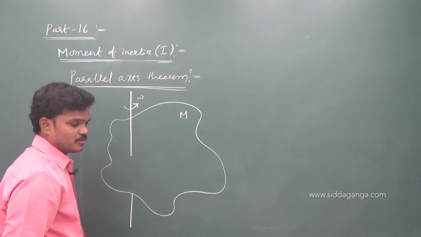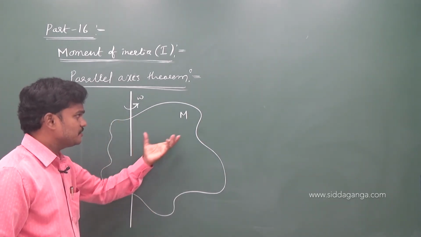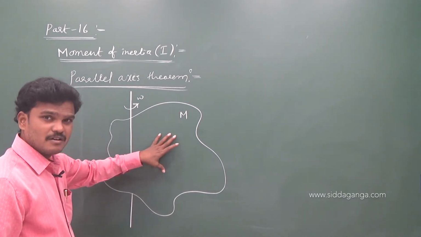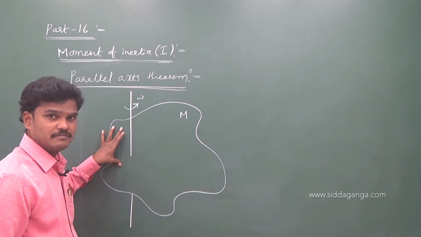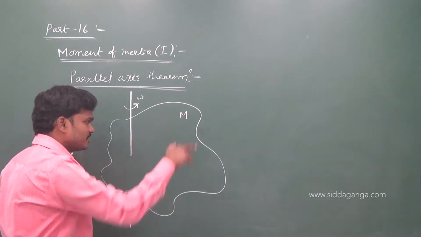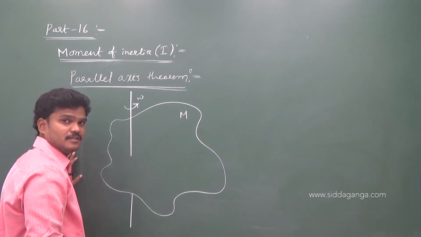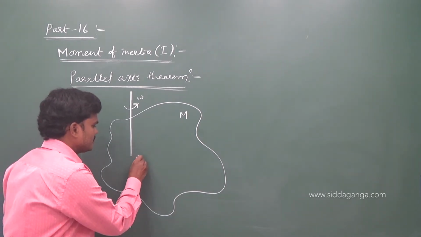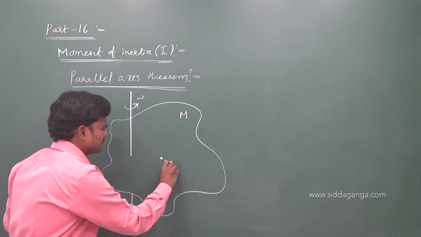Once this rigid body rotates, all the other small particles also rotate about this axis of rotation. And for this body there will be a center of mass. Let us suppose this is the center of mass.